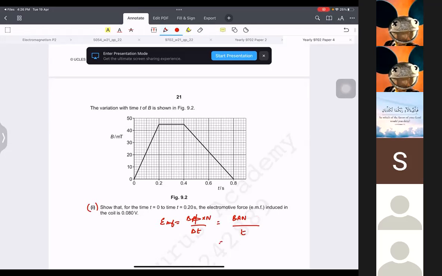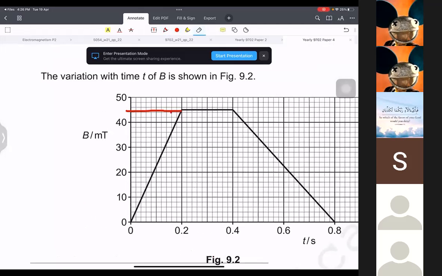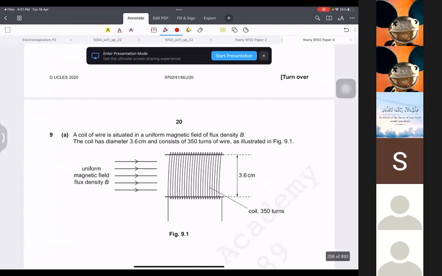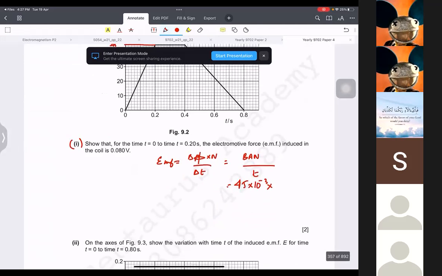So B was right here. I think it was 45. Okay, 45 times 10 raised to minus 3. Area, I don't know. Did they give area? Diameter given, 3.6 centimeter. So pi by 4 times 3.6 times 10 raised to minus 2 whole square.